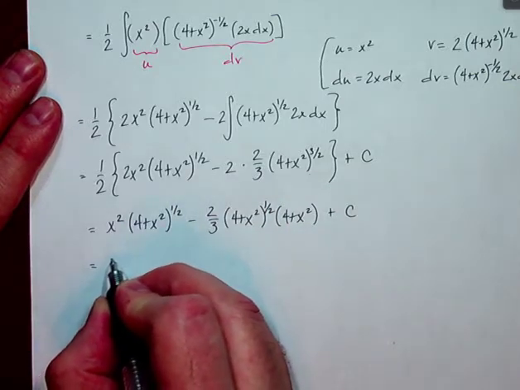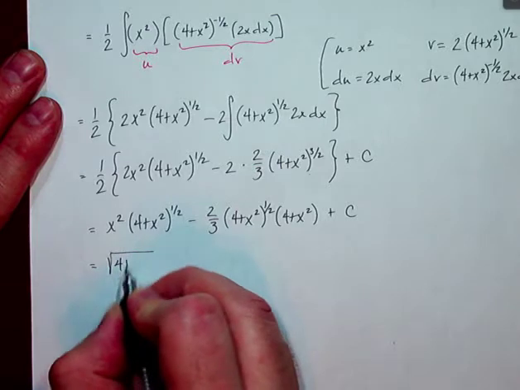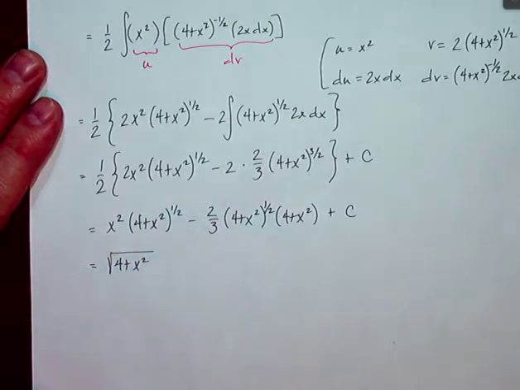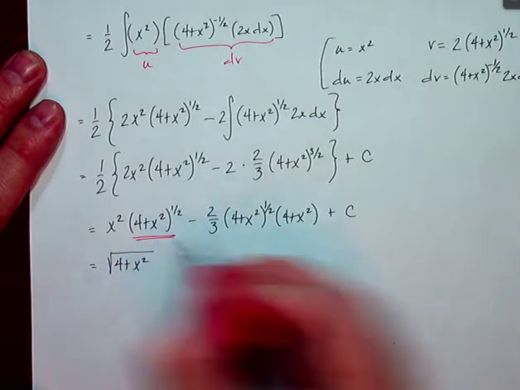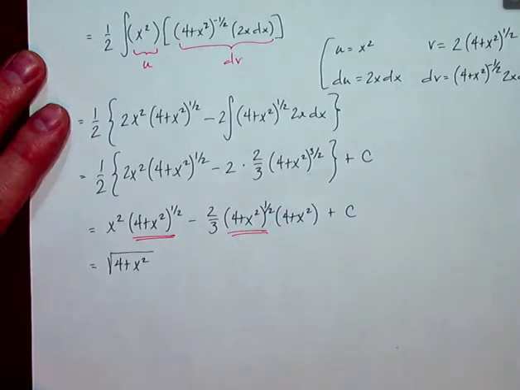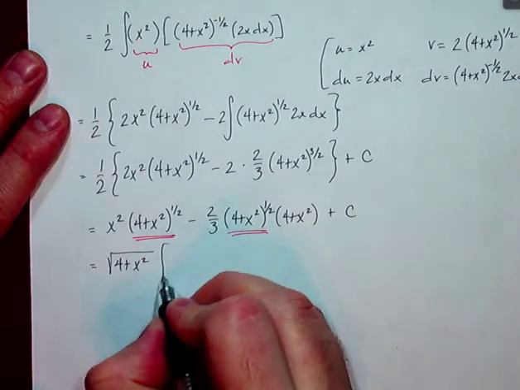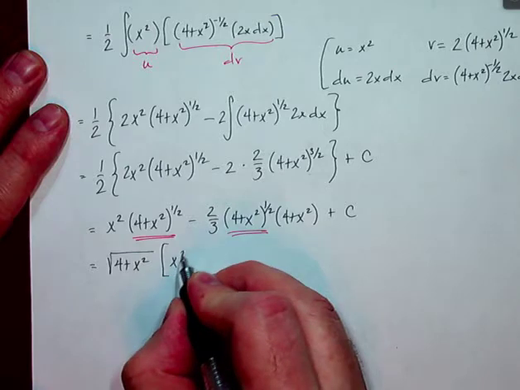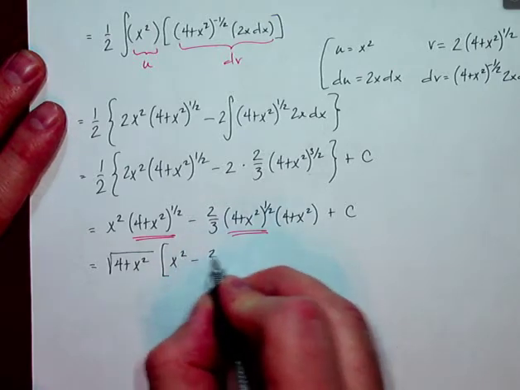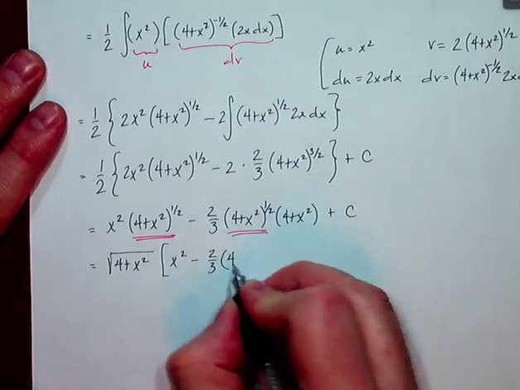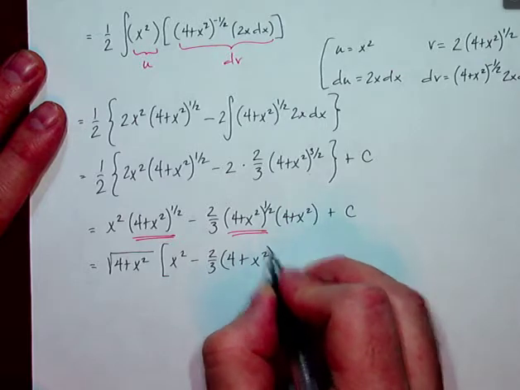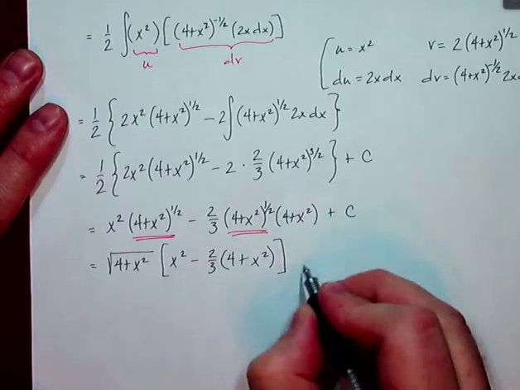So I'm going to go ahead and factor out that 4 plus x squared that is common to both terms, here and here. And I'm going to recombine what's in here. This is x squared minus 2/3 times 4 plus x squared, plus c.